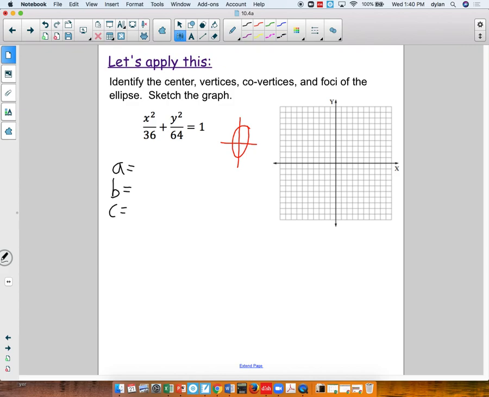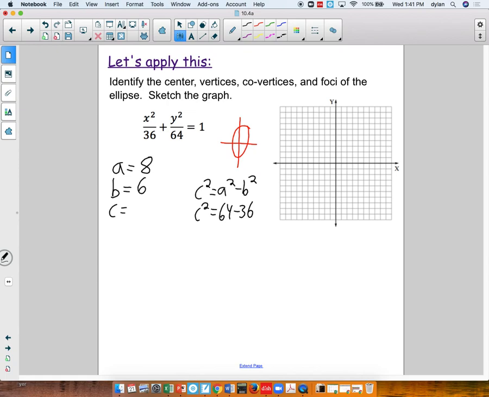So we know in this case that a is the square root of 64, so a is going to be 8. b is the square root of 36, so b is going to be 6. And c we know because c squared equals a squared minus b squared. So in other words, c squared equals 64 minus 36, because 64 is a squared, 36 is b squared.